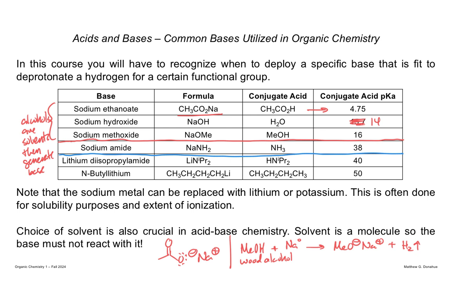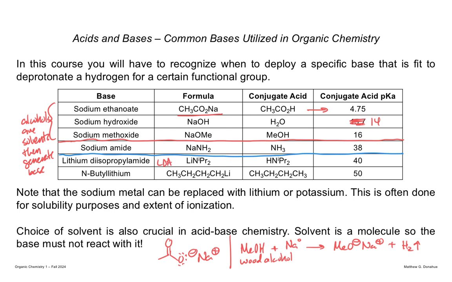You can't generate the base and then have it react with the solvent, because otherwise you're not going to get your desired outcome. On the next slide, we'll talk specifically about what solvents you use, but a pretty strong base is lithium diisopropylamide, which is abbreviated LDA.